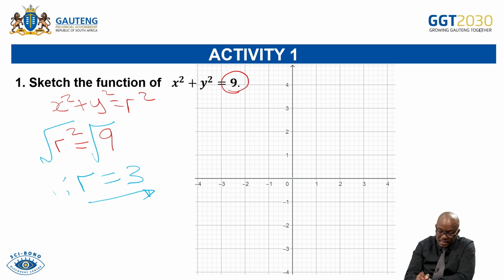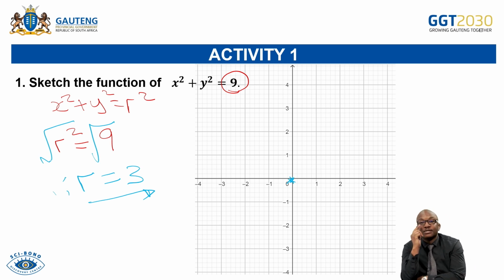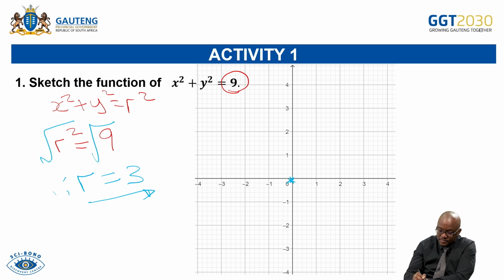Now, when you sketch, always your center is at origin. Your radius will go to positive 3 on x, positive 3 on y, and negative 3. That is the radius.